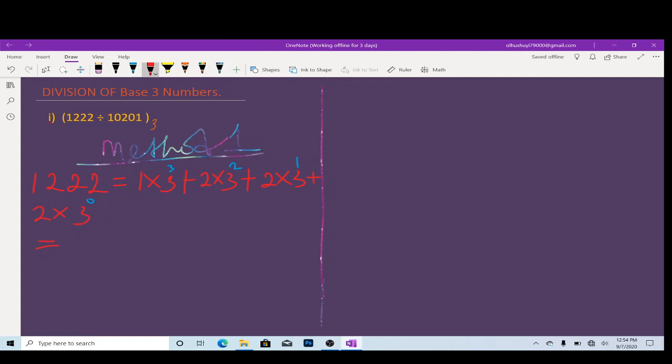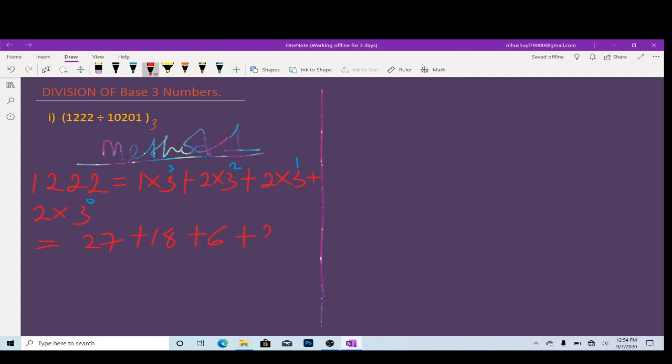You see that? So that becomes 1 times 3 raised to power 3, that is 27. 3 raised to power 2 is 9, times 2, that is 18. Plus 2 times 3, that is 6. Plus 2 times 3 raised to power 0. 3 raised to power 0 is 1. Any number raised to power 0 is 1, except 0 itself.